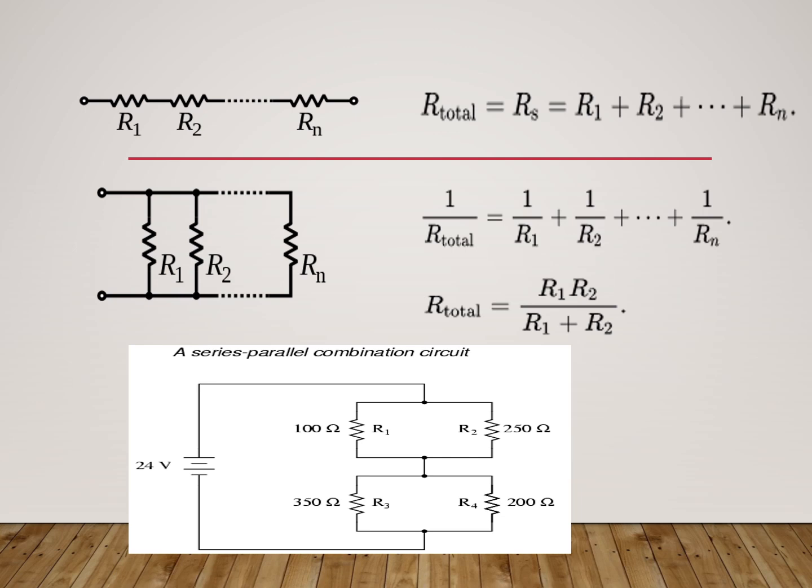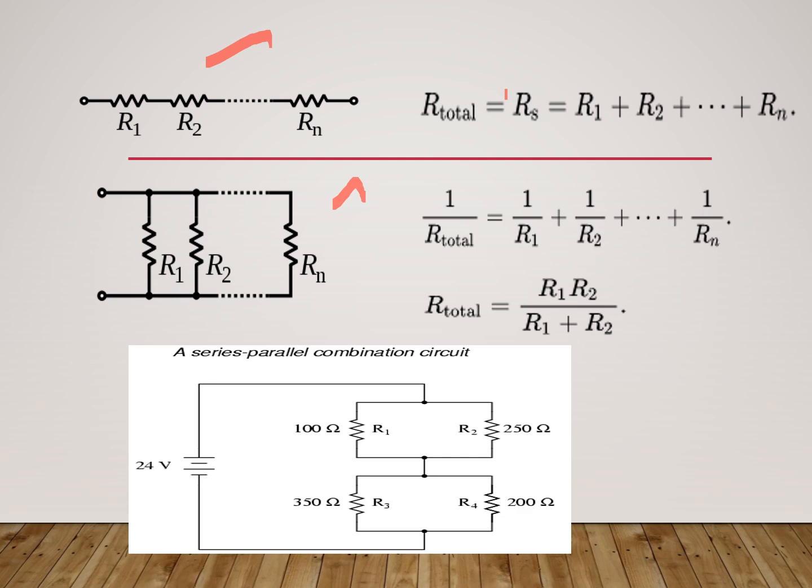Here is a diagram and values to calculate a series connection. The formula to calculate a series connection is R equals R1 plus R2, and the formula to calculate a parallel connection is R equals R1 into R2 divided by R1 plus R2.